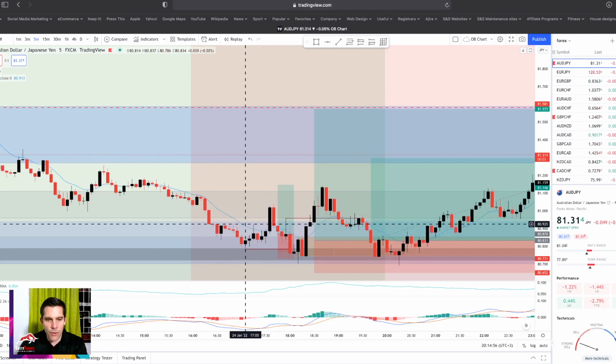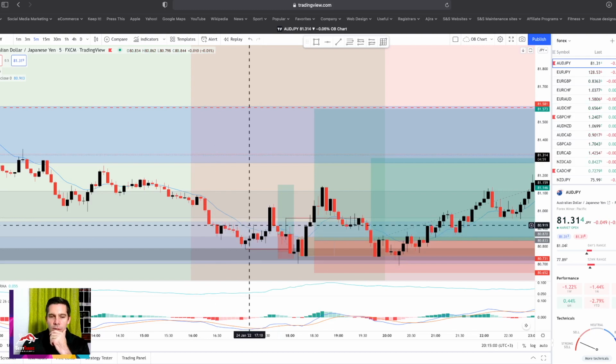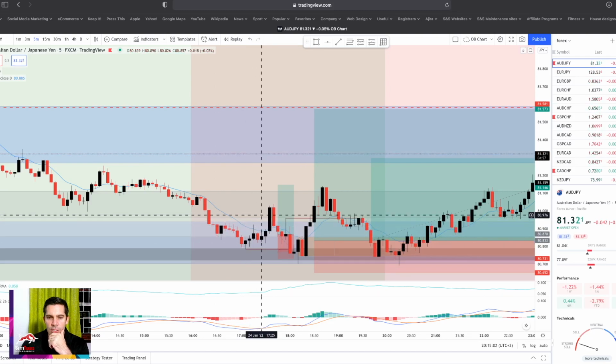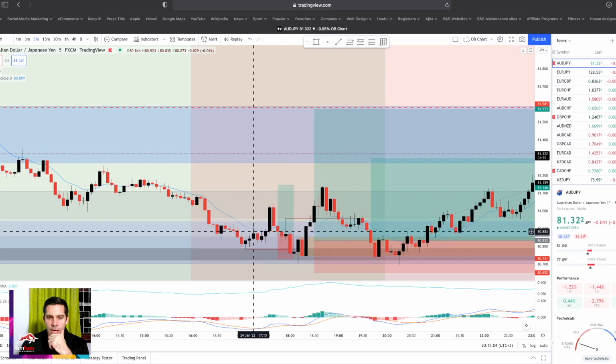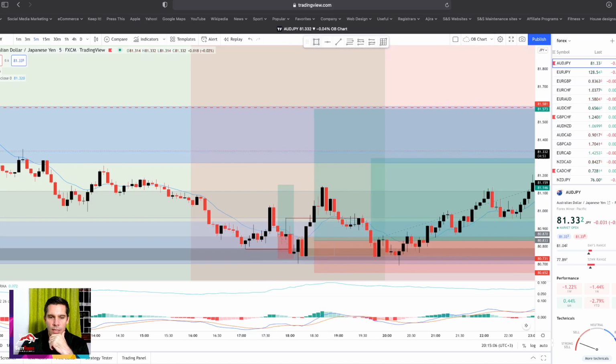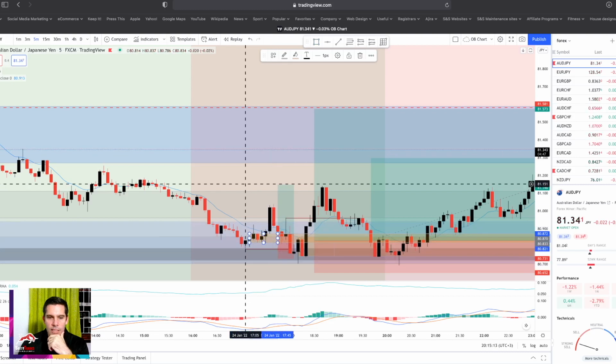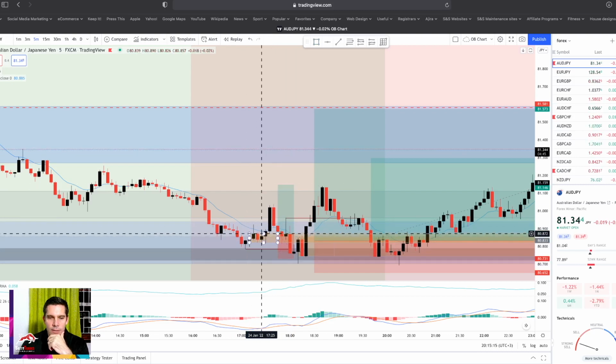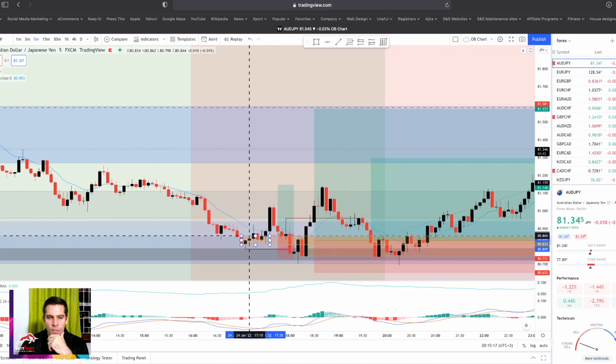It didn't break straight away, and I think this is important. Sometimes I count that as a CHoCH, and then I took that as my OB. Let me just draw it for you guys. I took this one here as my OB. But I was actually considering taking this one. It wouldn't have been too much different, and probably still would have stopped me out.